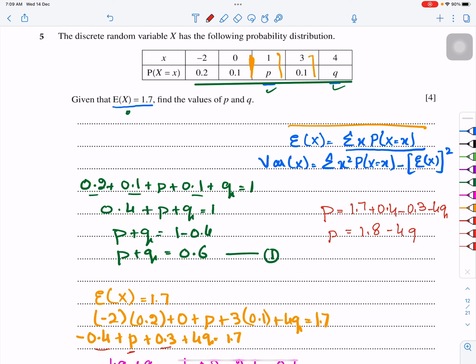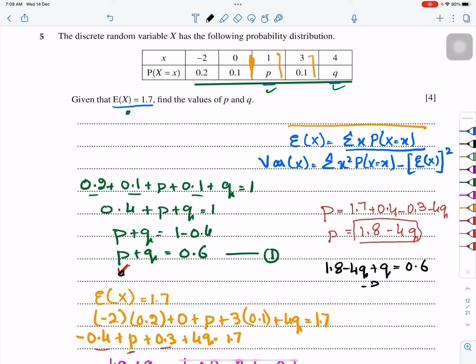So now I will substitute this value of p in equation number 1. Simultaneously we are solving it here, right? So it will become, I'm substituting this value here in this place, 1.8 minus 4q plus q equals 0.6.